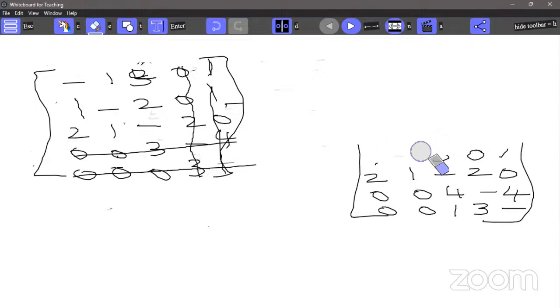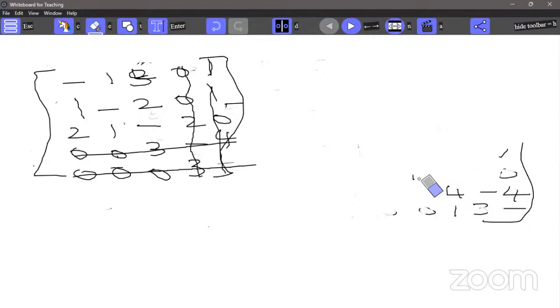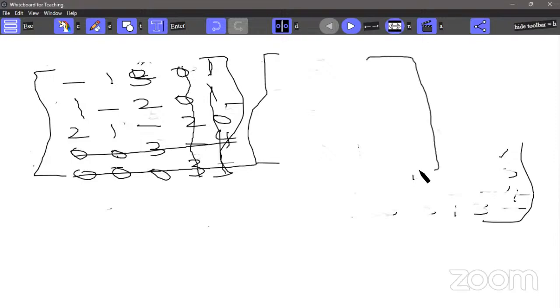Which is the least uncovered number? Least uncovered number, please. Yeah, least uncovered number. 1. So what we'll do is, dash will remain dash.